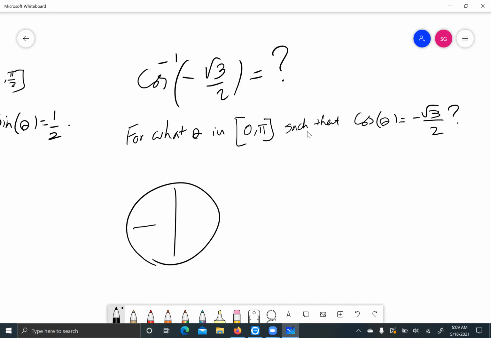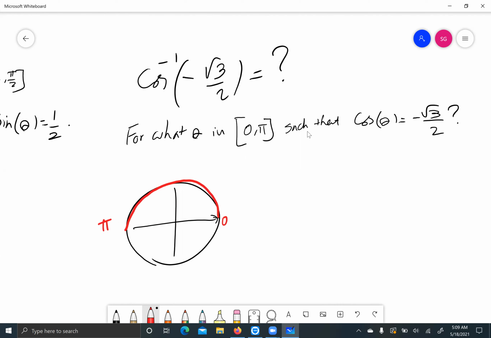So the domain of this cosine inverse is between 0 and pi, right? What angles give me negative square root of 3 over 2? Because it's negative, it's definitely in the second quadrant.